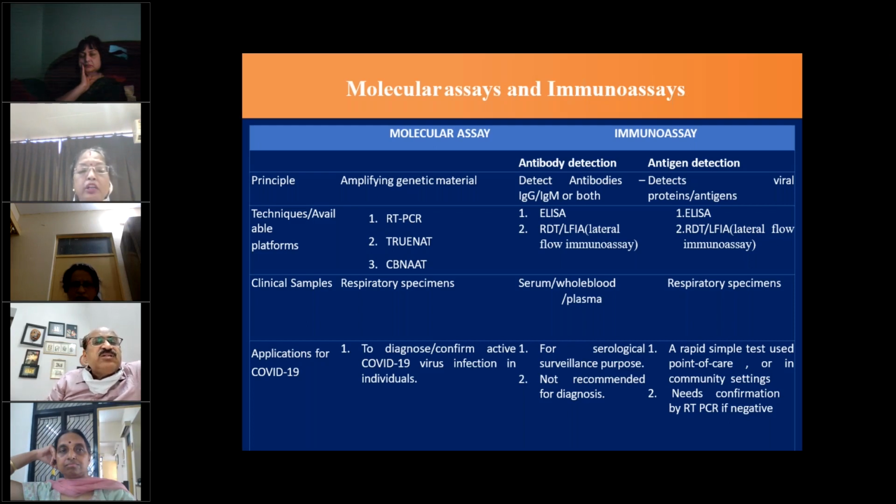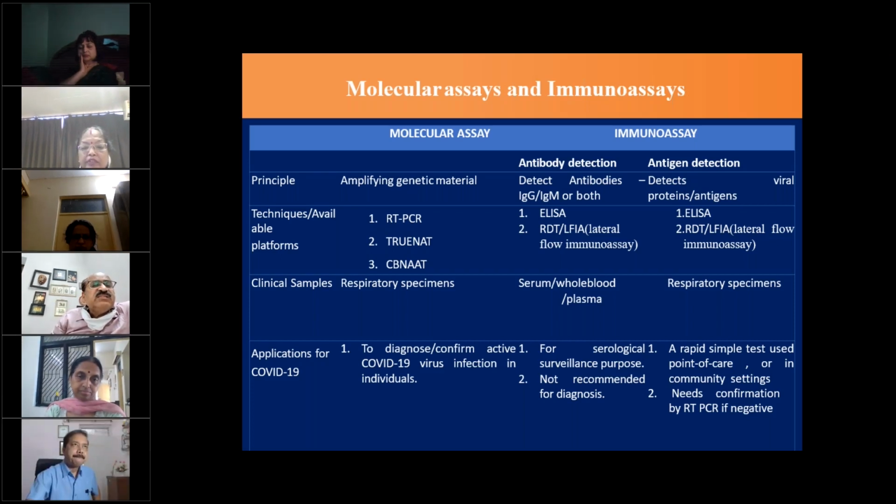So molecular tests amplify the genetic material or RNA of the virus. The gold standard is RT-PCR. This is the gold standard for the diagnosis of SARS-CoV-2. Then we have other tests like TrueNat and CBNAAT, which are also amplification tests, but these are cartridge based.